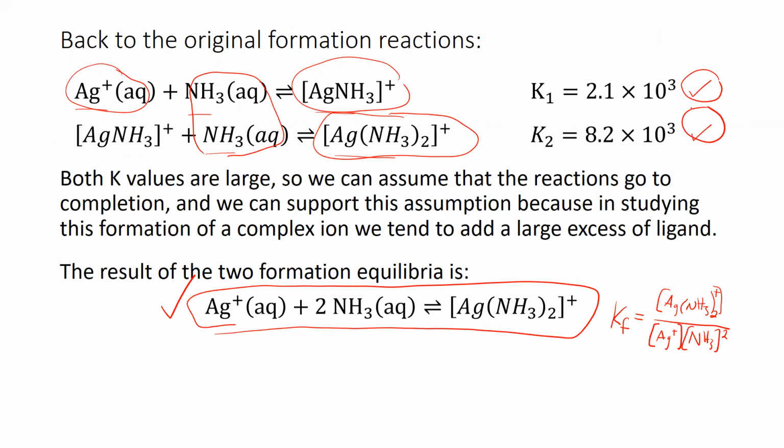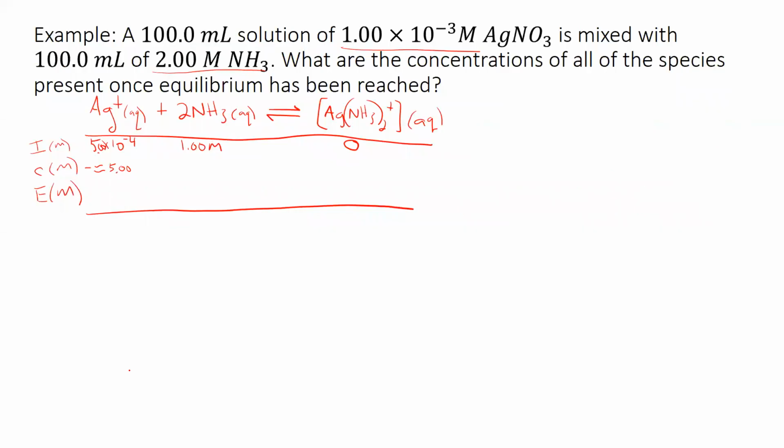Since they're large, it's going to push that reaction toward the product, which means we're going to use up all of the silver ion. So those will be times 10 to the minus 4 for the silver ion. And so at equilibrium, you'll essentially have no silver ion left.